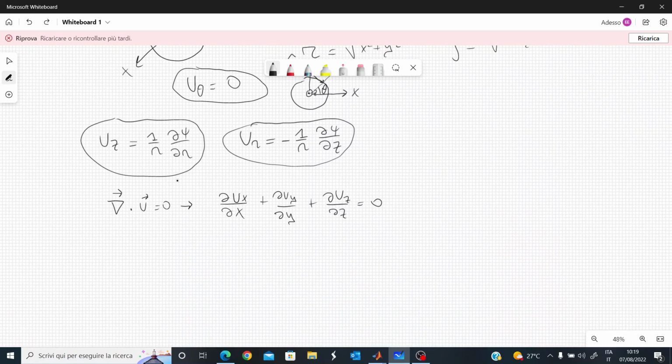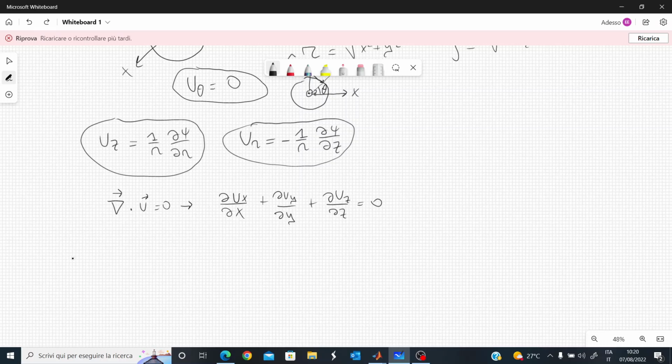And this will be quite easy because duz with respect to z will not change. This will be the same, because in cylindrical coordinates we are just changing x and y, which will depend on r and theta, but z will remain the same. So we have to understand how the rest transforms in cylindrical coordinates.